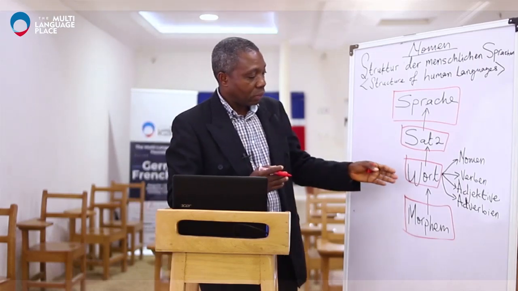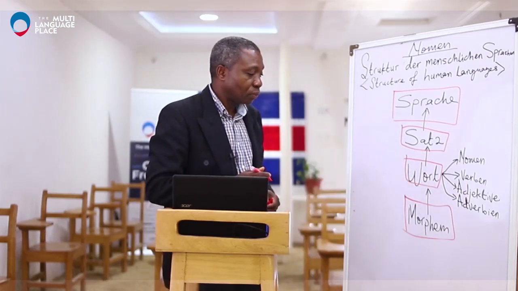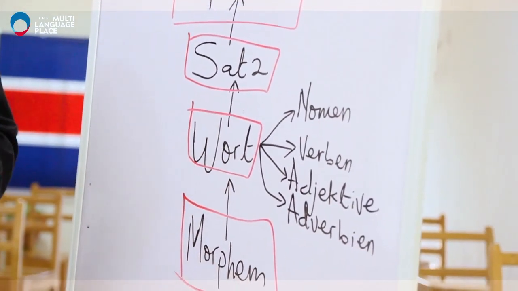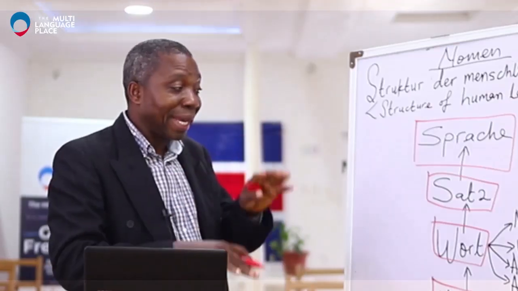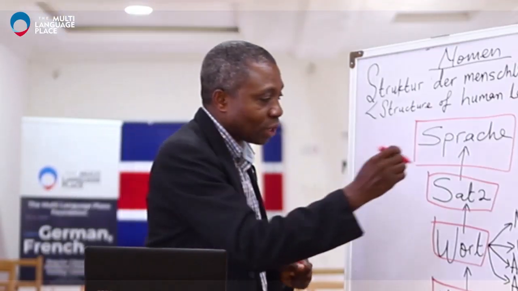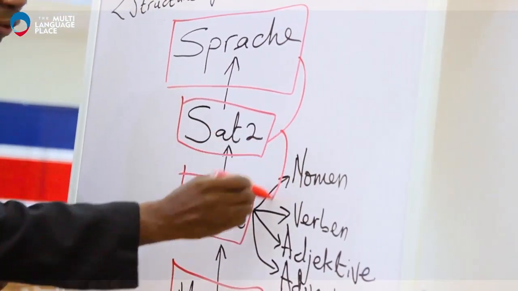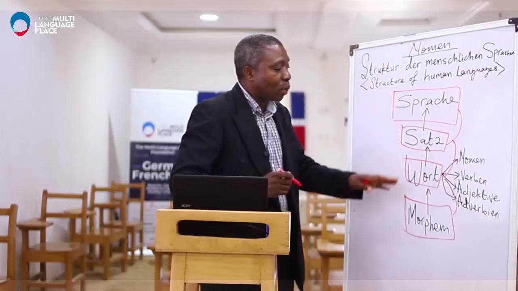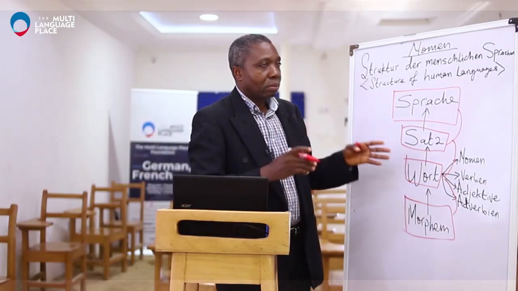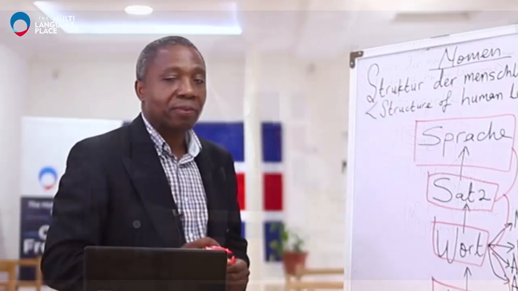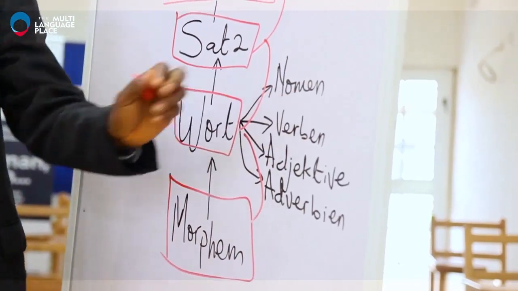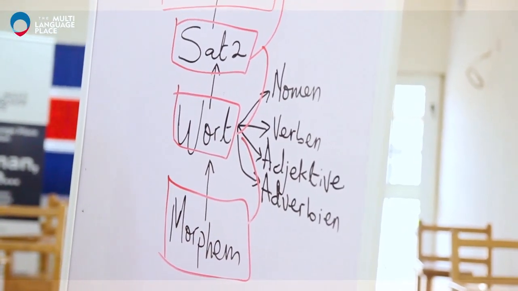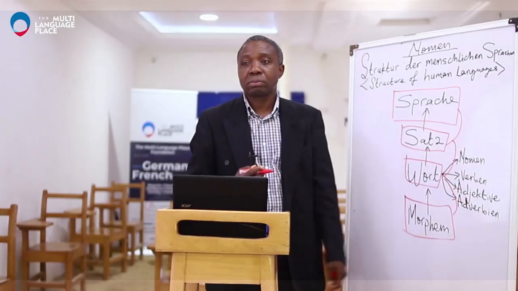Well, now coming back to the word. Under the word, we have different levels of word in a sentence. Of course, there is a great connection between all of them. So we have different components of a sentence. And inside a sentence, we have nouns. Inside a sentence, we have verbs.